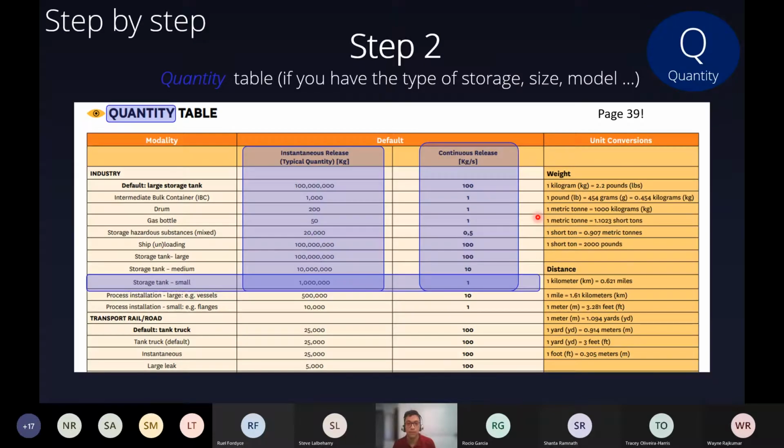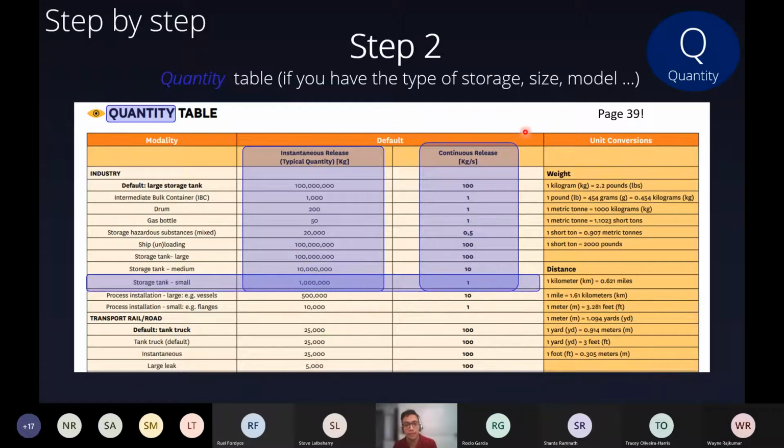If we go to the quantity table on page 39, there is a summary of common storage capacities for different types of industries. So for example, we're in an industry that has a small storage tank, and these small storage tanks, you have to be very careful with this, usually handle or store 1 million kilograms of any chemical.